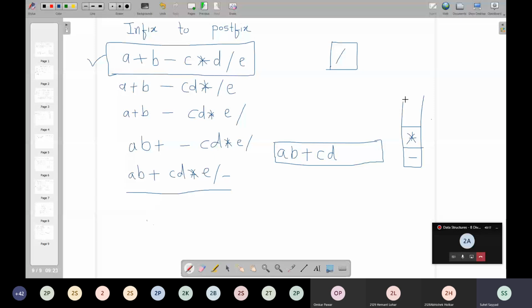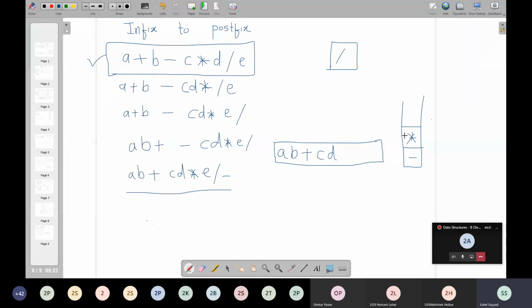So we'll check precedence of division with respect to precedence of multiplication. So here precedence are equal. See, pay proper attention to this step, my dear students. What we do in equal precedence?